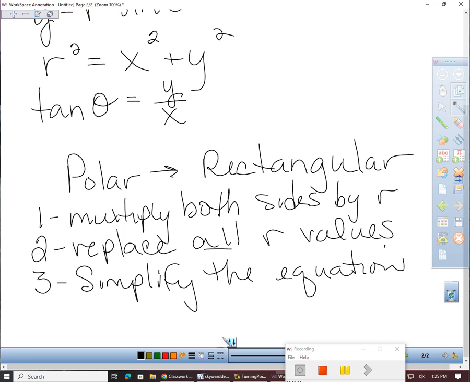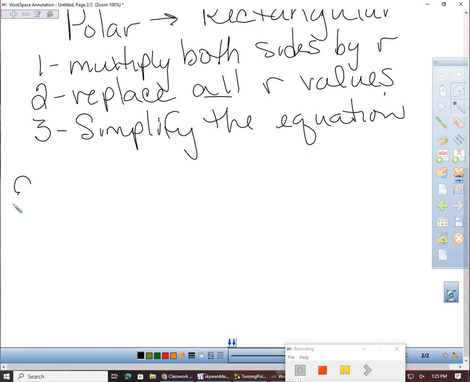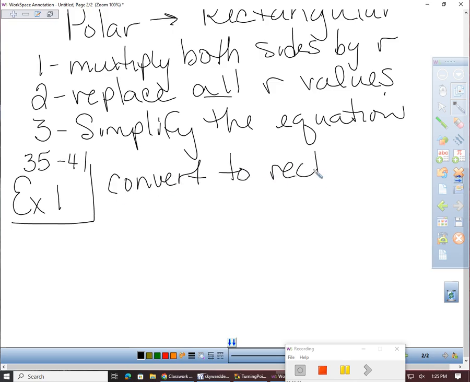Let me show you what I mean here. Here's example number 1, from 35 through 41. Convert to rectangular, and that's what we use every day. Let's say I have r equals, start off really easy, -4 cosine theta.